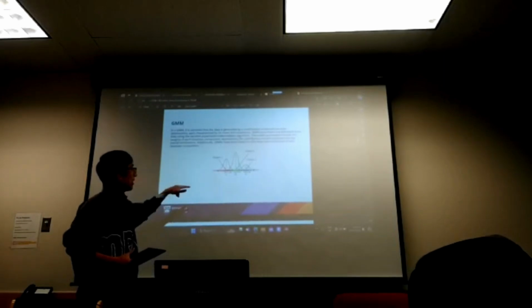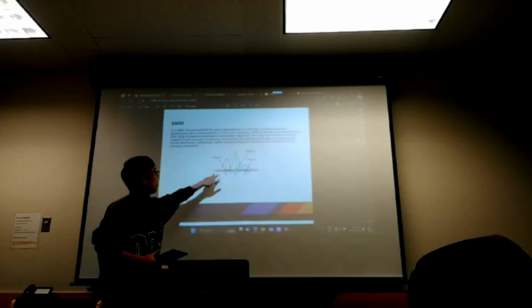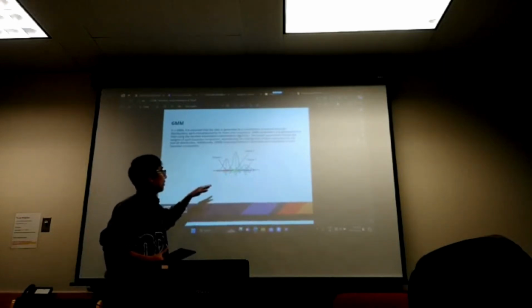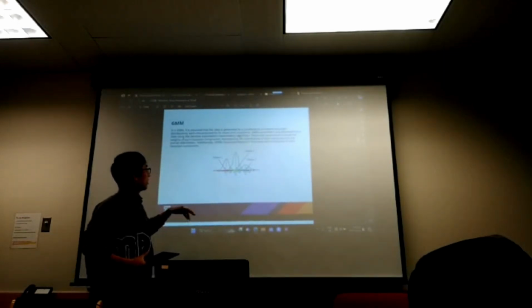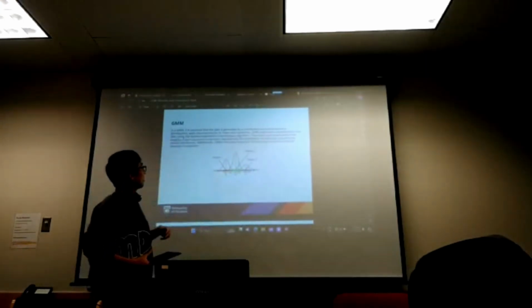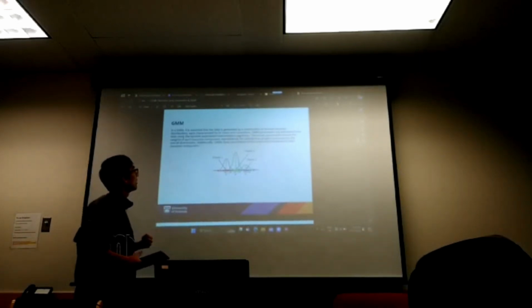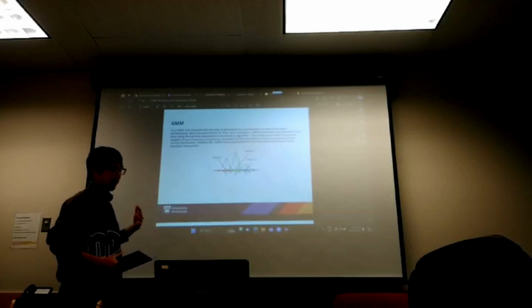If we have one-dimensional data and we want to apply GMM on this data, we can assume all this data is from 3 Gaussian distributions: the first one, the second one, the third one. And then our job is to find the parameters of all 3 Gaussian distributions, and also the component weights.